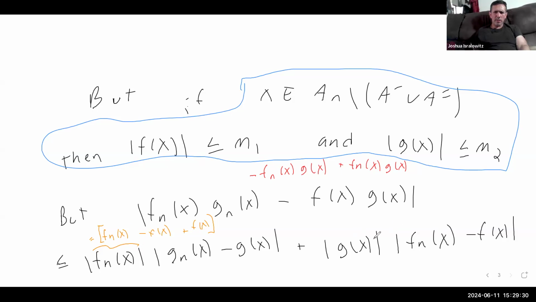I'm not going to touch this; what I'm circling here gets left alone, because this is really as good as we could want. Fn goes to f in measure. So that's good. G of x is bounded by M2, so we'll take care of that in a minute. So we're just going to do the triangle inequality here.